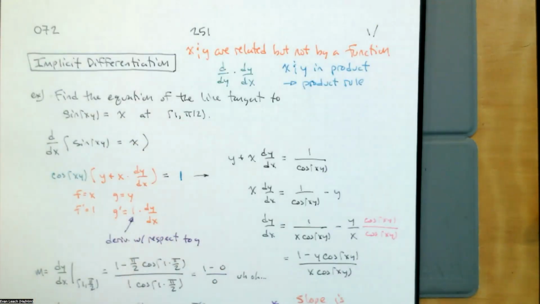In this case, it didn't matter because of the point that we were interested in. 1, pi over 2 is in the good part of sine inverse. But if I had the point 1 and then what would be the next one? I just add 2 pi, 5 pi over 2, all of a sudden it's not acceptable.